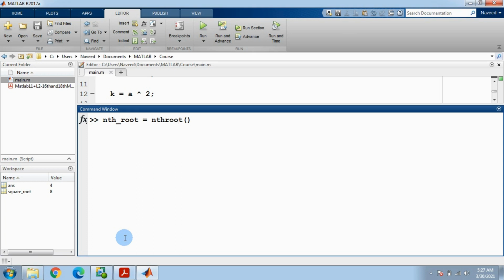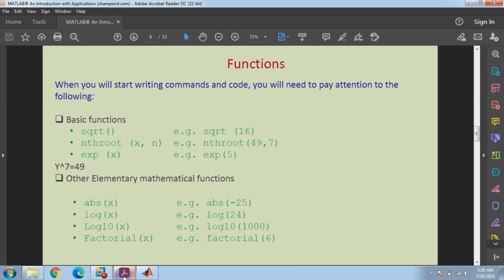Right now you might be wondering how to know all the functions and all that. So it's not a difficult thing. The functions that are important to you, you can search them on Google also, or you can see them from the slides.